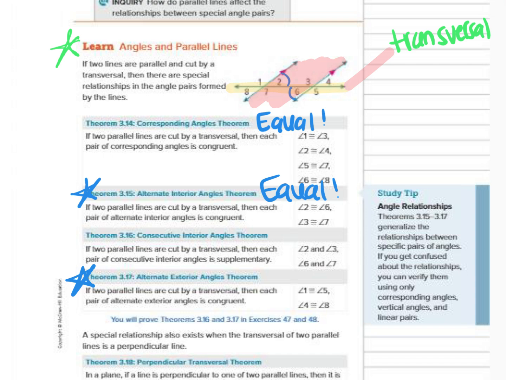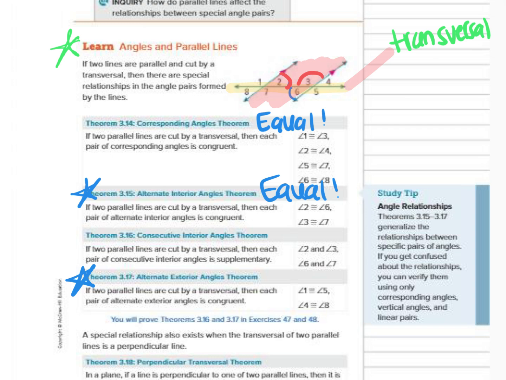And then consecutive just means that they are found on the same side. So the first example they give is angle 2 and angle 3. Notice now they're both on the same side. So they're on top of that transversal, and they're also inside the parallel lines. So that's the meaning behind the name.